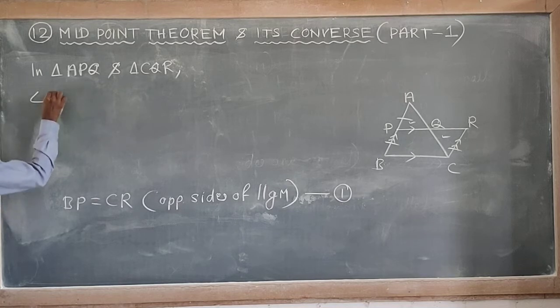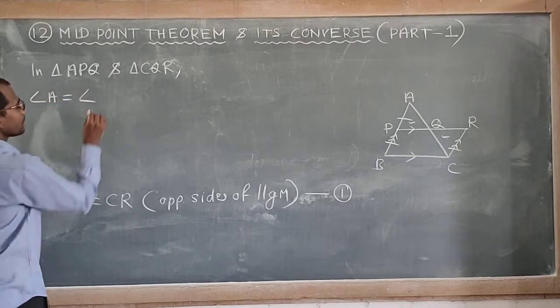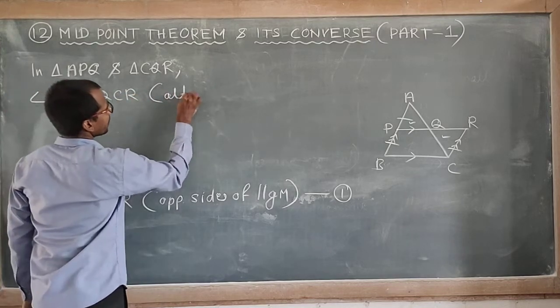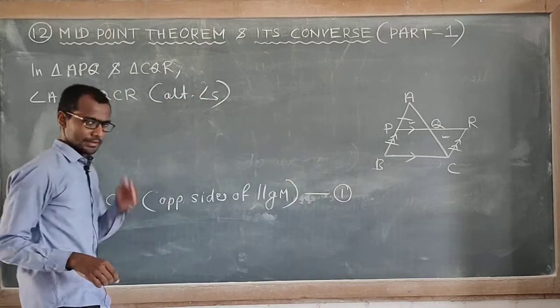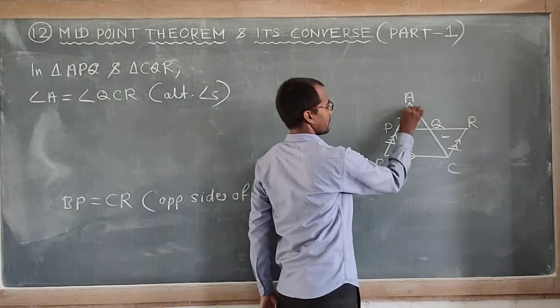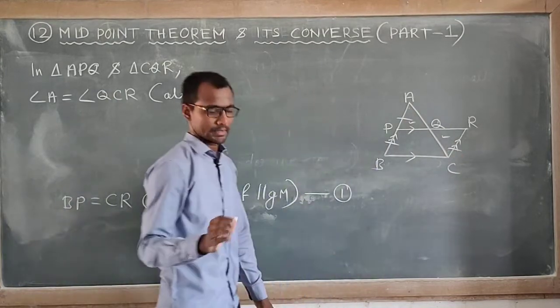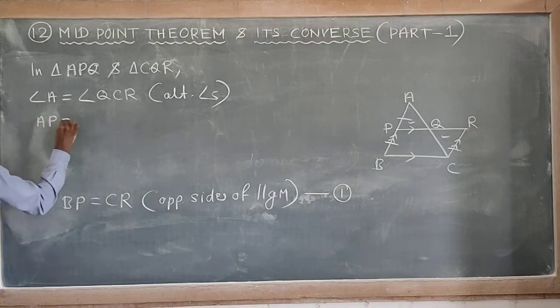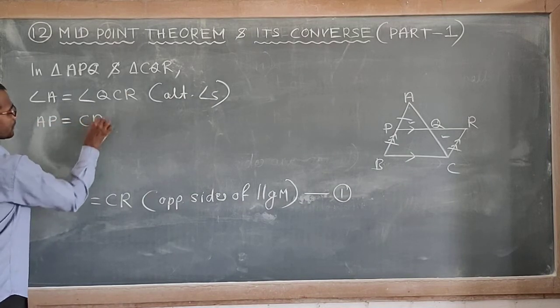Angle A is equal to angle QCR, alternate angles. Okay, this angle is equal to this angle, alternate angles. Okay, then we can say AP is equal to CR.